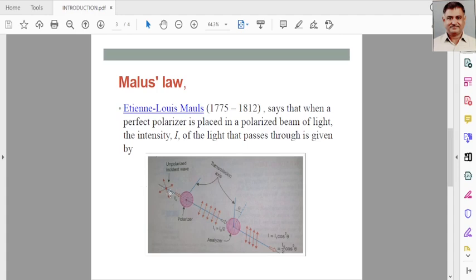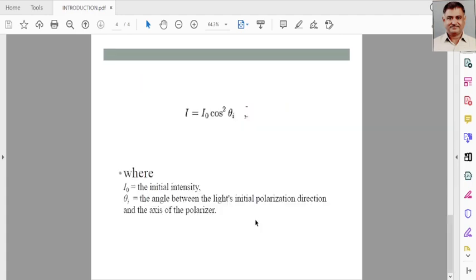From this common source, or we can say unpolarized incident wave, is incident on the polarizer, and here we get polarized light, and that having an intensity I. The intensity I of the light that passes through it is given in this way: I equals I1 cos square theta, and again it is I0 by 2 cos square theta.